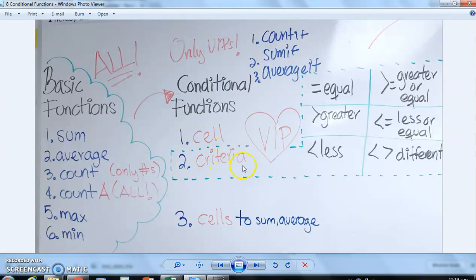And remember that for that criteria we need to specify one of these 6 comparison operators: equal, greater than, less than, greater than or equal, less than or equal, or different. And finally, the third instruction is about specifying the cells we need to sum or average. Basically, the calculations or math operations.